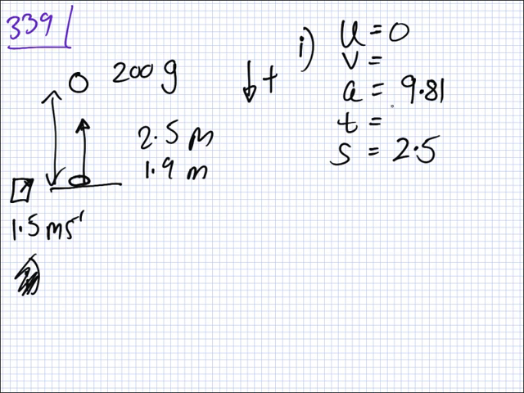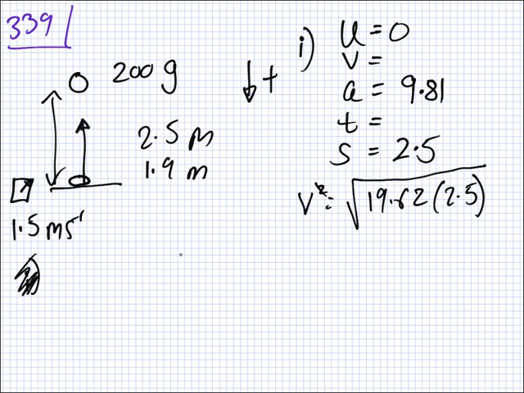Now I assume you can easily get the V for me here. What formula will give it to us? V squared equals U squared plus 2AS: 19.62 times 2.5, square root of. Okay, so what do we get for the V?